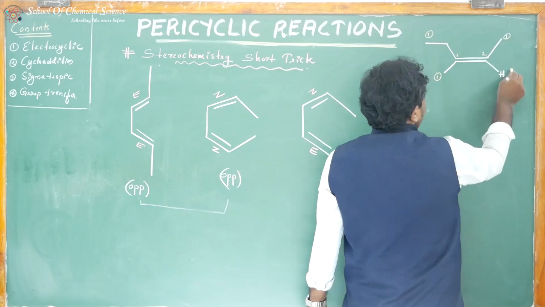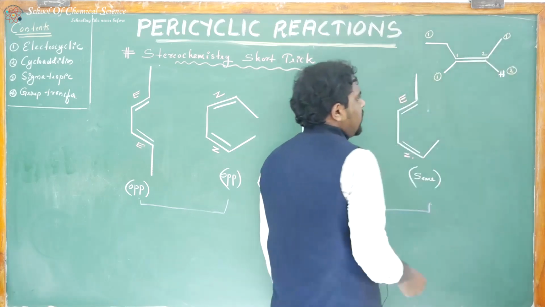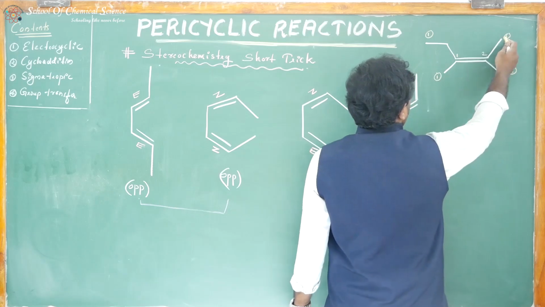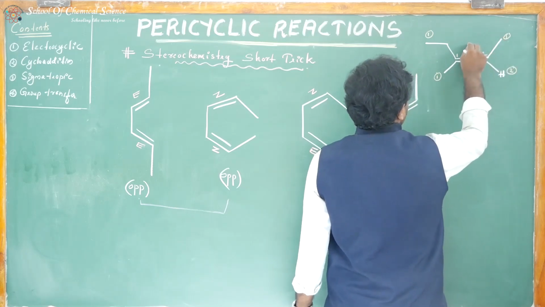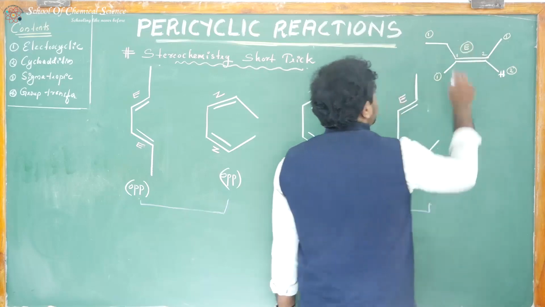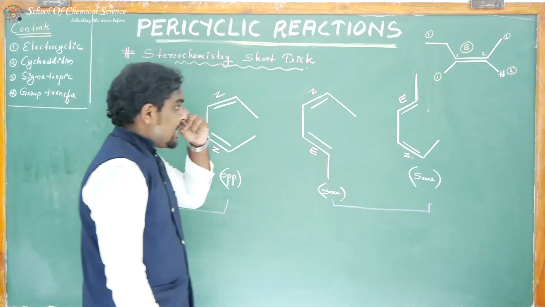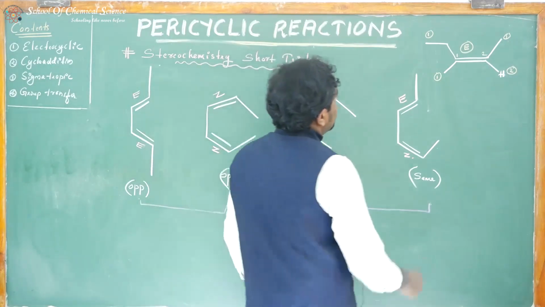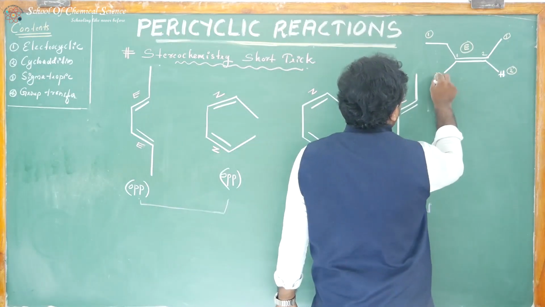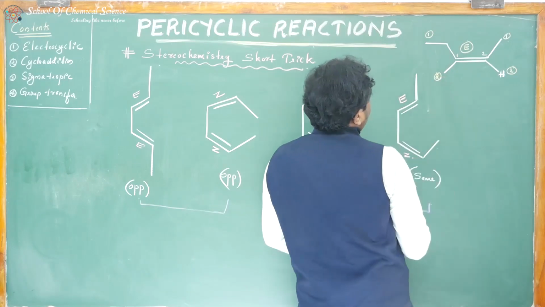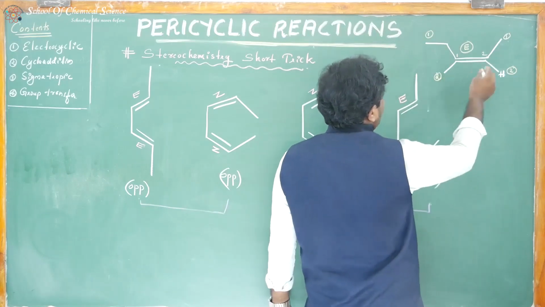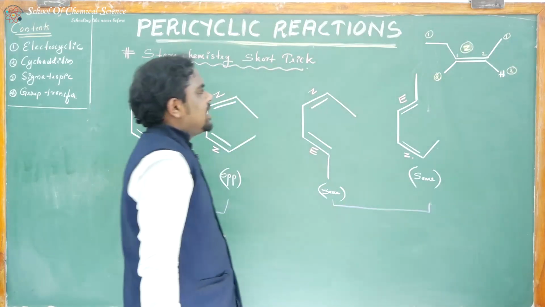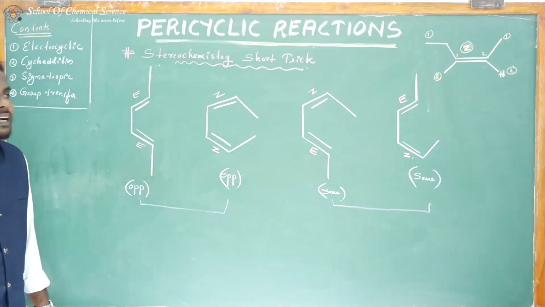Methyl has first priority, hydrogen has second priority. So same priority groups on opposite sides. So this is an E alkene. This is an example of E alkene. Clear? And here, same priority group on the same side, that is a Z alkene.